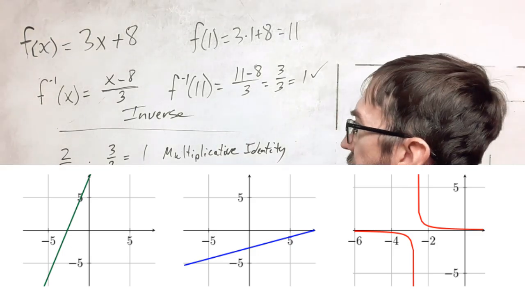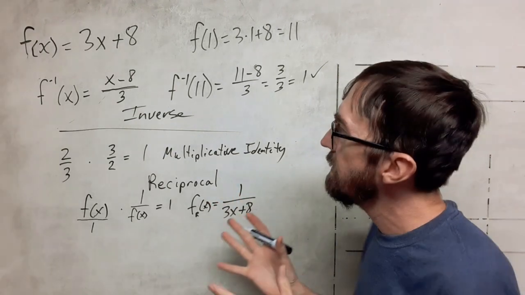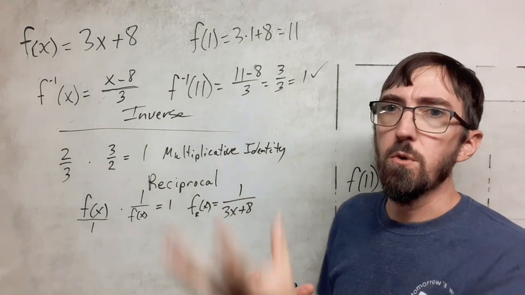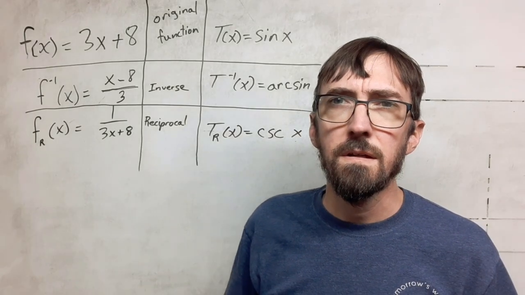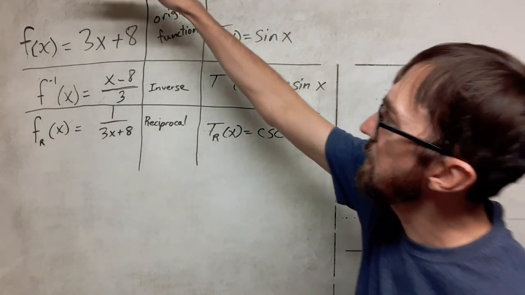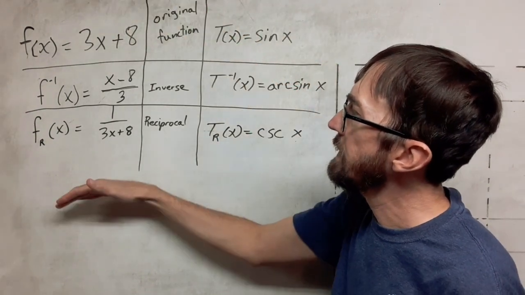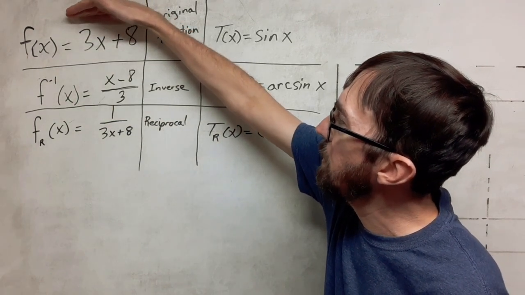So now that we have talked through that set of ideas, we're going to start to apply this to trigonometry. All right, we've got this set up so that we can see a comparison. This was our linear example. We started with the first degree polynomial.